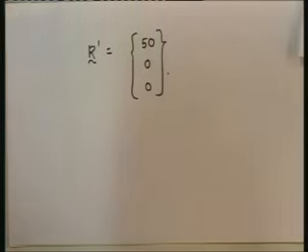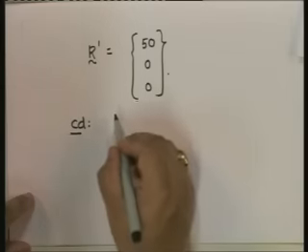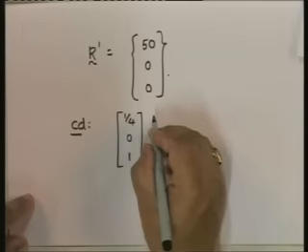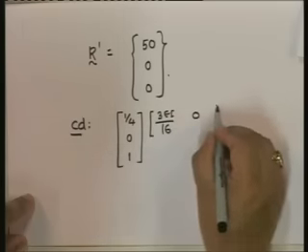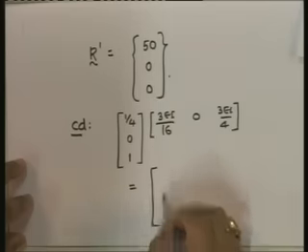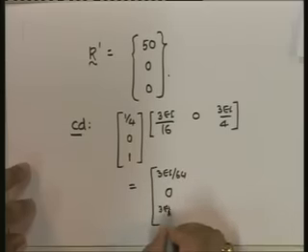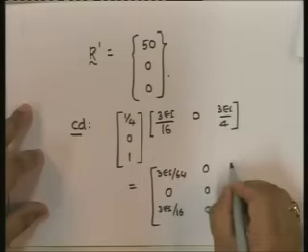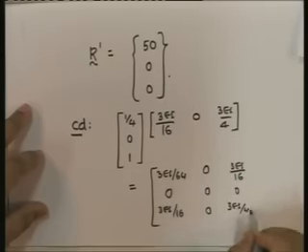If I pull these together, for CD, Ai transpose is going to be equal to 1 by 4, 0, 1, and here we have 3EI upon 16, 0, 3EI upon 4, and if I do that, this becomes essentially 3EI by 64, 0, 3EI by 16, then we have 0, 0, 0, and then we have 3EI upon 16, 0, 3EI upon 4.